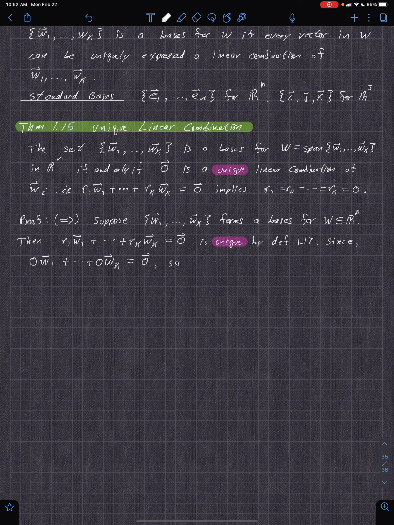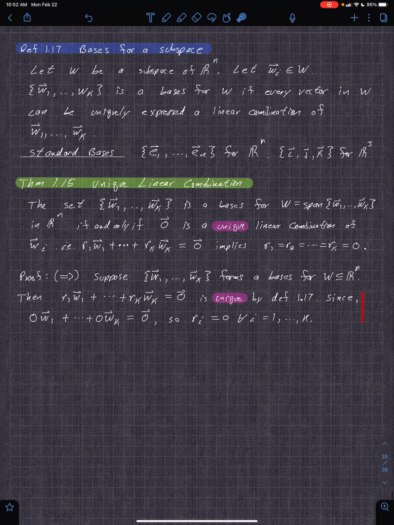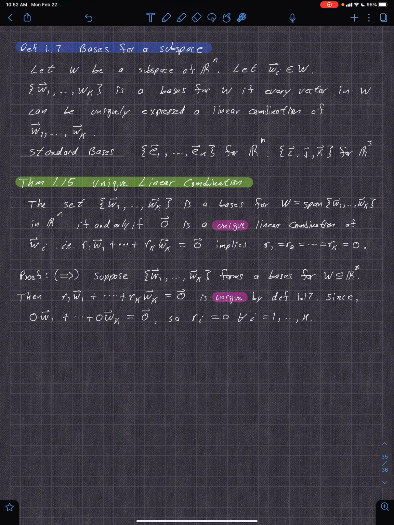So ri is equal to 0 for all i equal to 1 to k. Basically this is by the definition. You must have a unique linear combination to form that, and since you put in 0 and you get that, then yes, they're all 0.